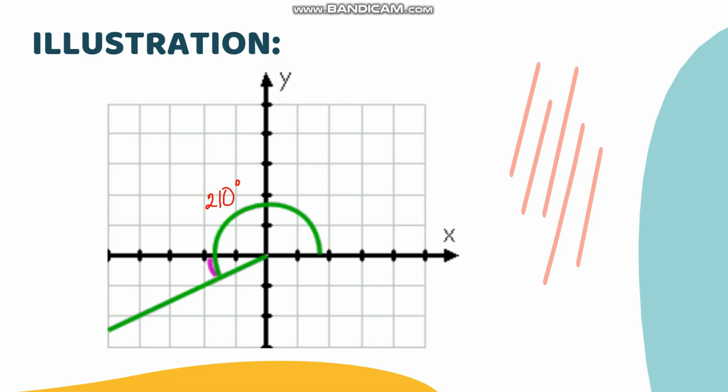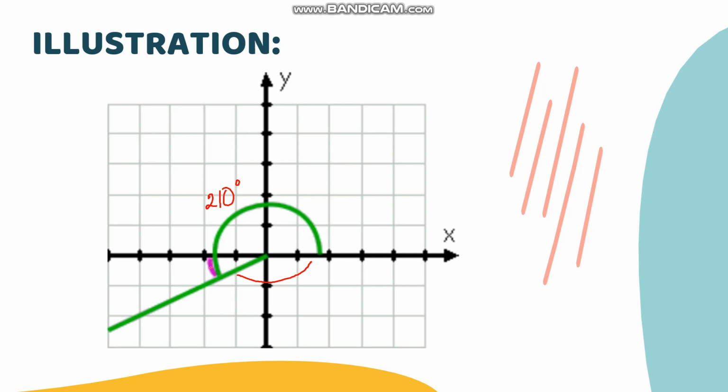Take note, this is now the terminal side. Now, we have to identify an angle that can be formed using the x-axis and our terminal side. Again, you have 2 choices: this angle right here or this bigger angle. But for the reference angle, take note, what we need is the smallest acute angle that we can form using the terminal side and the x-axis.